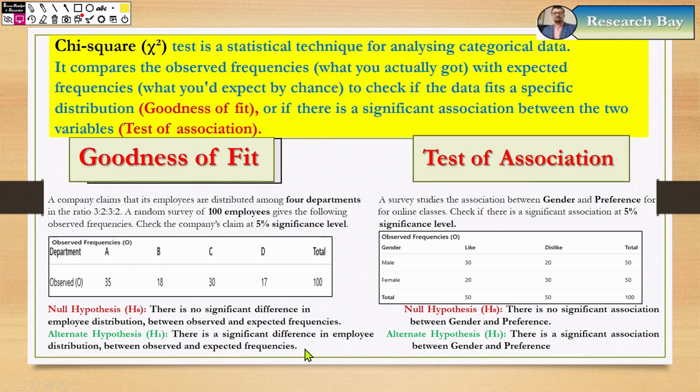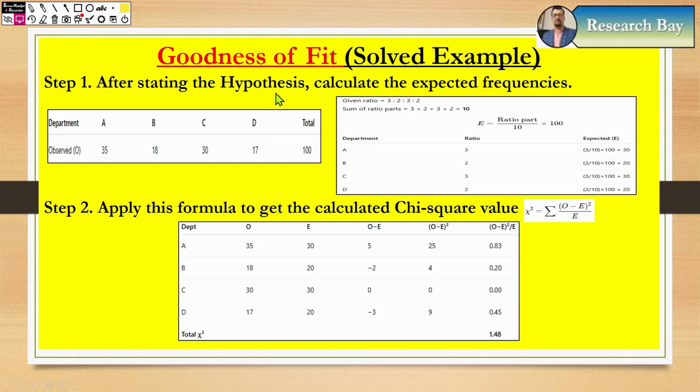Okay, so how to do it? After stating the hypothesis, we calculate the expected frequencies. So how to calculate the expected frequencies in this case? We have the ratio of frequencies which is given to us. Sum up all the ratios, 3:2:3:2, that makes 10. So once I have calculated the sum of the ratio, 10, for each part of this ratio, how to find out the expected frequency?